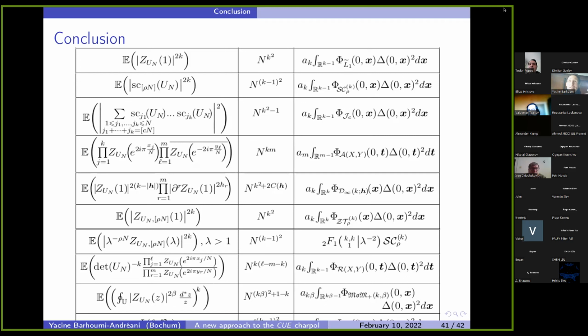Good question. I only saw a few talks about random tensors, so I don't remember exactly the motivations. But I'm sure you have models of mathematical physics behind, I don't know exactly which models. For matrices, that's clear, we know them.